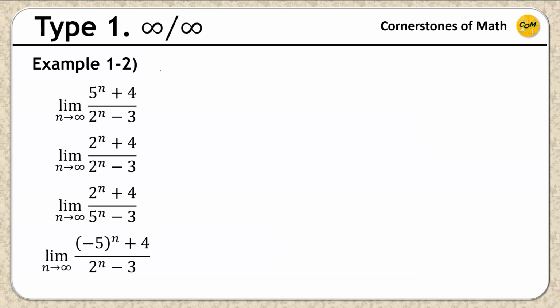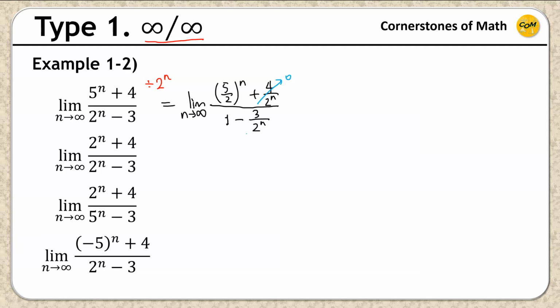As for the next example, let us consider these 4 limits, all in infinity over infinity form. However, despite having the same form, their behaviors are quite different. As for the first one, let us divide by 2 to the power of n, then we obtain the limit of 5 over 2 to the power of n plus 4 over 2 to the power of n divided by 1 minus 3 over 2 to the power of n.